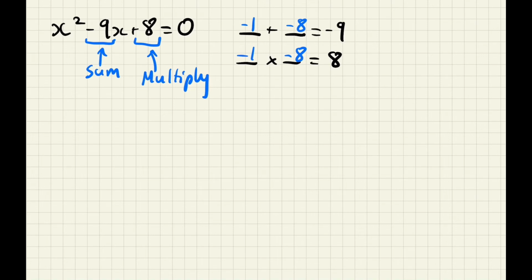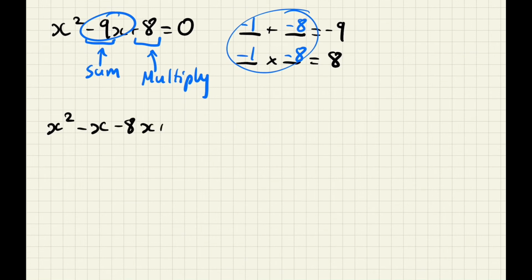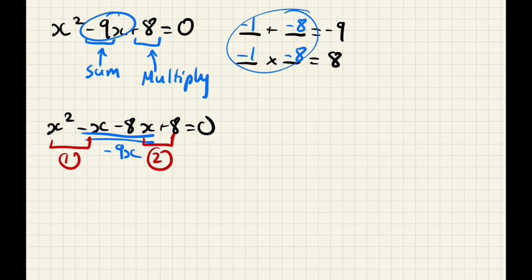So let's use these terms to rewrite our minus 9x. When we do that, we'll have x squared minus x minus 8x plus 8 is equal to 0, remembering that minus x minus 8x is equal to minus 9x. Then, as we did previously, let's put these in pairs and factorize common terms within each pair. Looking at our first pair, x squared minus x, our common term is x, so in brackets, x minus 1 is what remains.